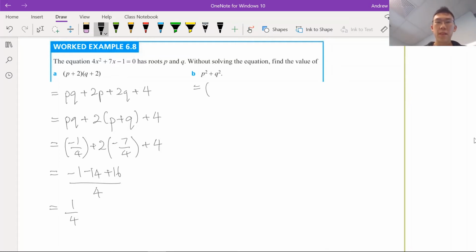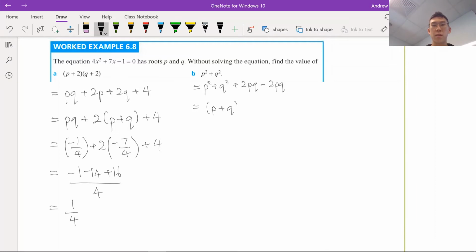Yeah. So, if I do this, okay, so add 2PQ and then take 2PQ. That hasn't changed the equation, has it? Alright, but why did I add 2PQ?